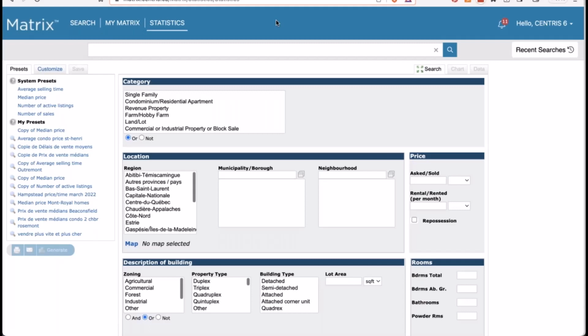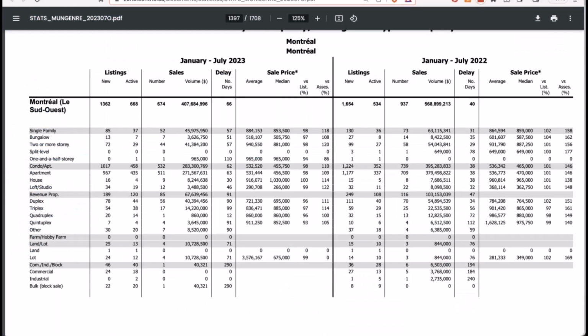So this here is how to illustrate the big report, but you have a lot more options to customize the information here. So we were looking at Montréal, le Sud-Ouest, let's do a year to date.